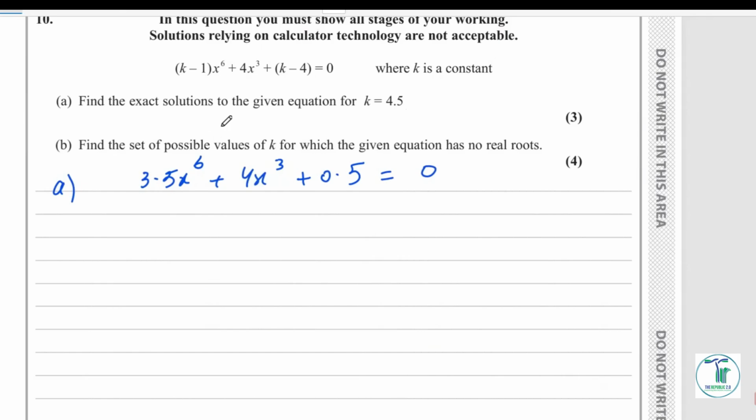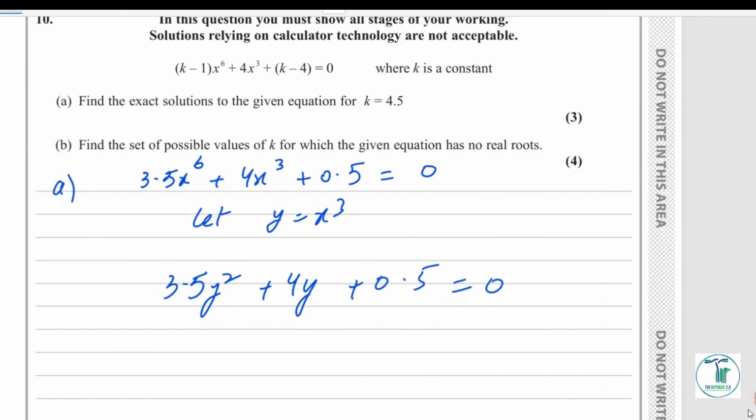Well, since this is something more than a quartic equation, it has a degree 6. So we can suppose that y is equal to x cubed. So this equation would eventually become 3.5 y squared plus 4y plus 0.5 is equal to 0.